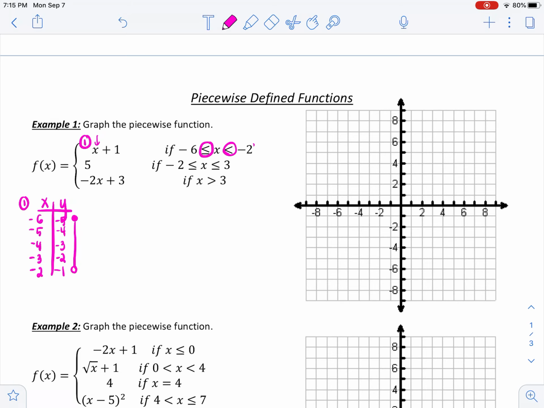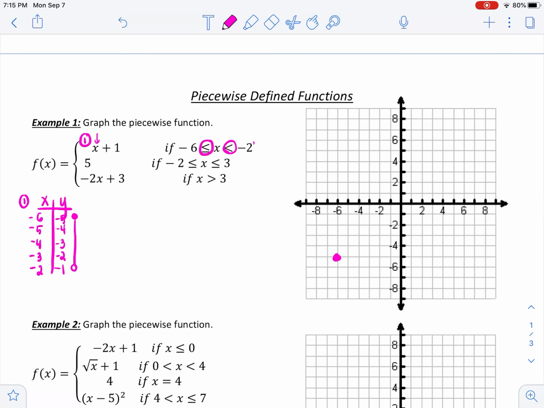Negative 6, negative 5, I have a closed point. And then I have negative 5, negative 4. Negative 4, negative 3. Negative 3, negative 2. And then negative 2, negative 1, open point. Connect those. There's my first piece. Okay, next piece.